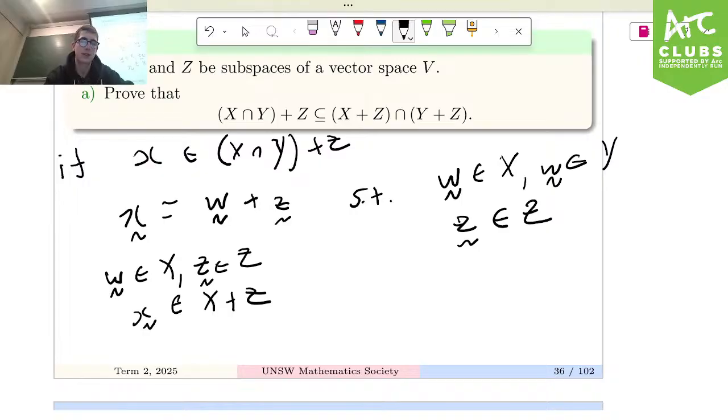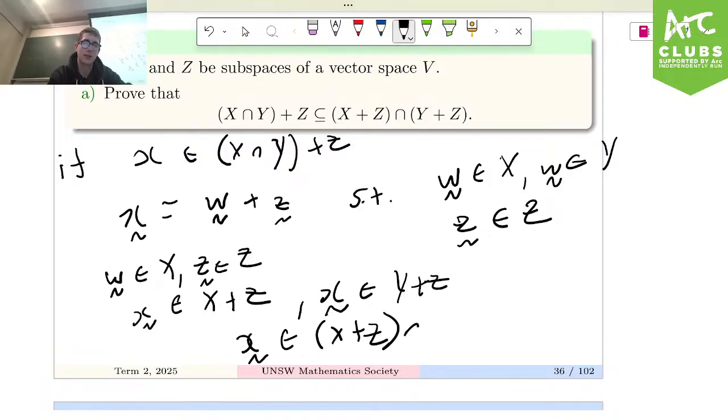And likewise, you can obviously see that it would have to also be in Y plus Z. So that means that it's in the intersection of these two vector spaces, which is what the right-hand side is. So it is also in X plus Z intersected with Y plus Z. And then you could say at the end that since the element was arbitrary, every single element in the left-hand side is also an element of the right-hand side.